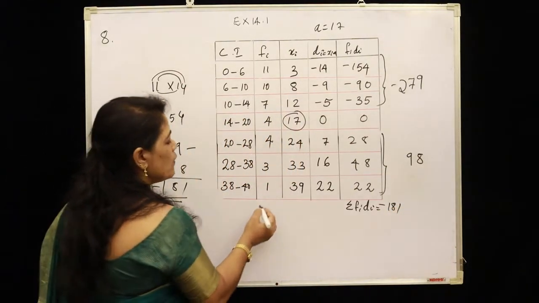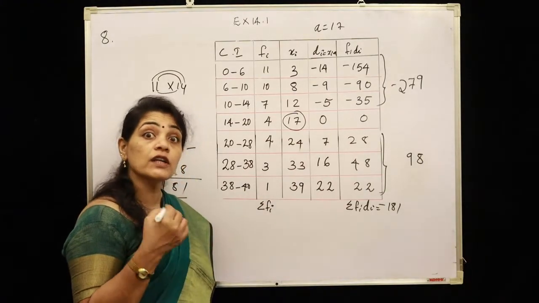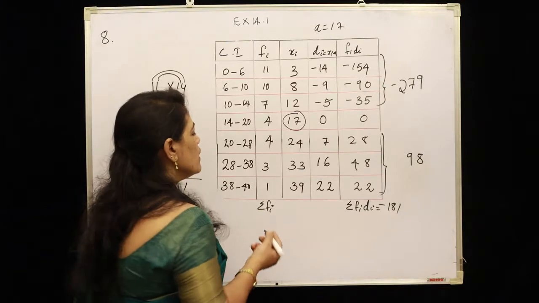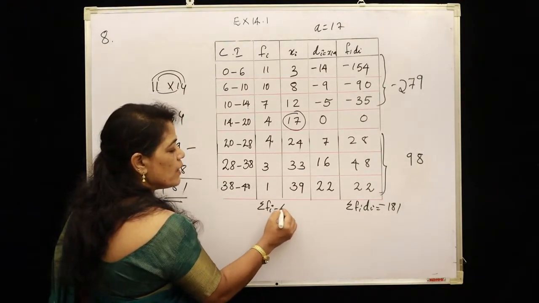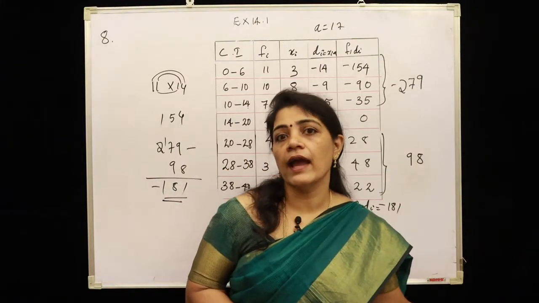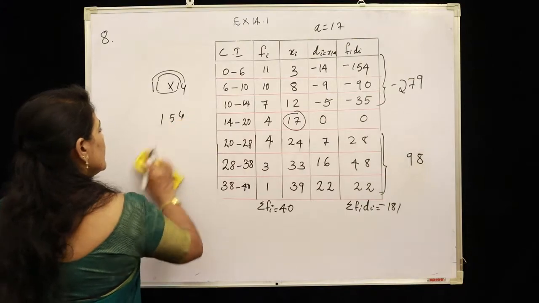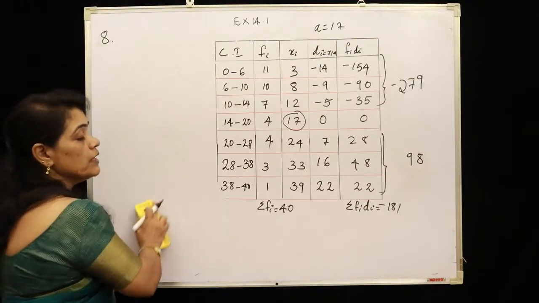And sigma fi, this is the absentee record of 40 students that is given, so we can write sigma fi as 40. After getting sigma fi di and sigma fi, we can write down the formula to calculate the arithmetic mean by the assumed mean method.